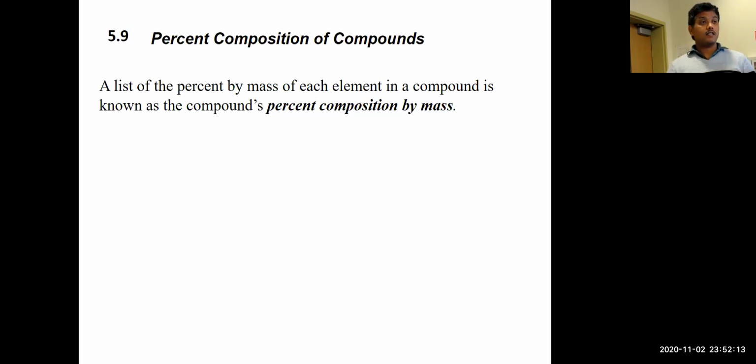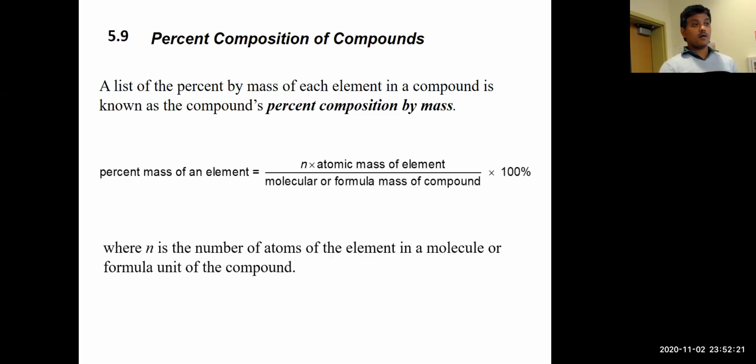You calculate it using this formula: the percent by mass of an element is n times the atomic mass of the element you're trying to identify the percent for, over the entire molecular mass of the molecule or formula compound, multiplied by 100%.